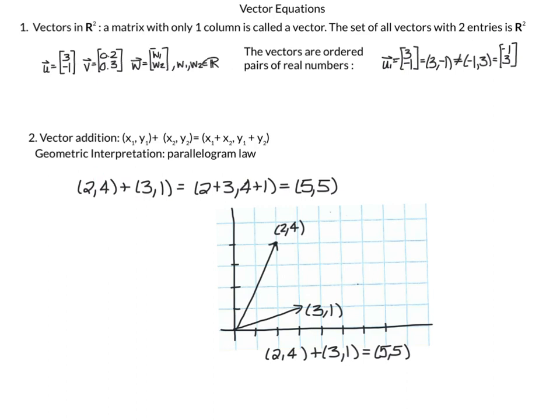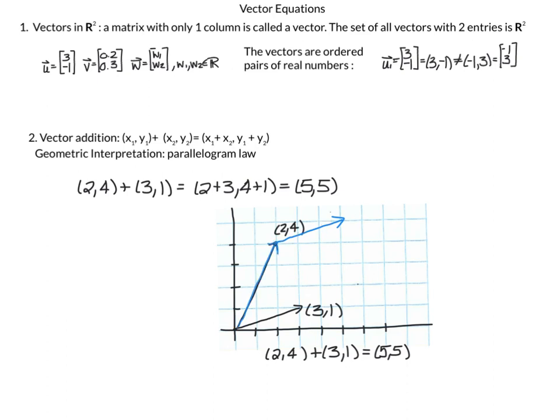So for this example, (2, 4) plus (3, 1), I have (2, 4) graphed here and (3, 1) graphed here. I'm going to take my vector (3, 1) and move it so the tail of this vector is at the end of my (2, 4) vector.